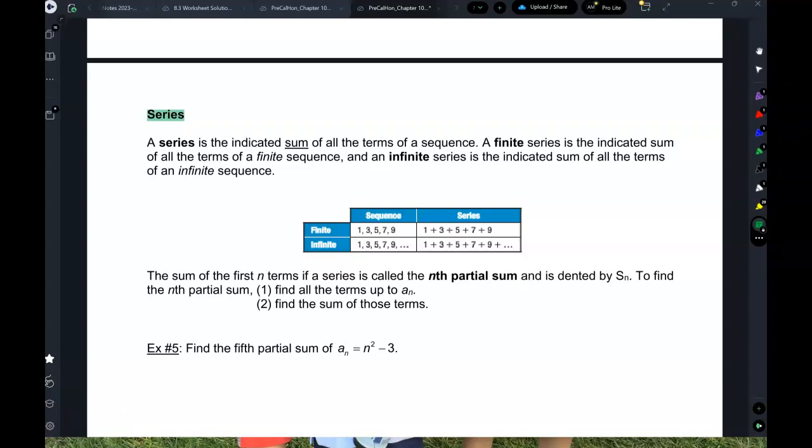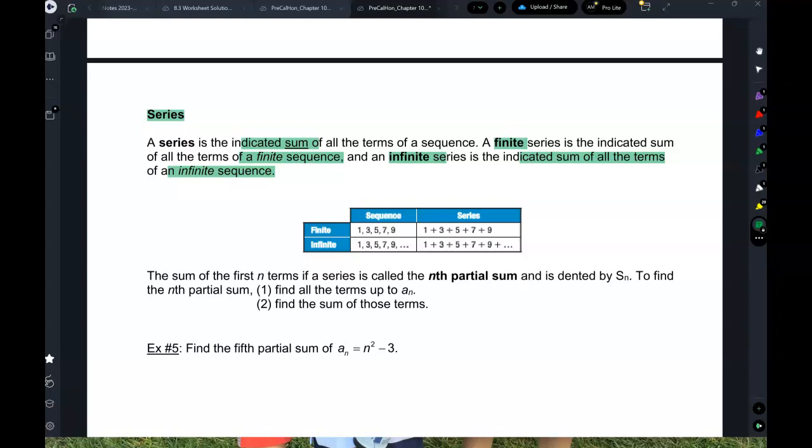Okay, a series is the indicated sum of all the terms in a sequence. A finite series is the sum of all the terms in a finite sequence. An infinite series is the sum of all the terms in an infinite sequence. So here, look at the sequence 1, 3, 5, 7, 9. It's a list. And if I just add all those up, then it becomes a series. An infinite one: 1, 3, 5, 7, 9, dot dot dot.